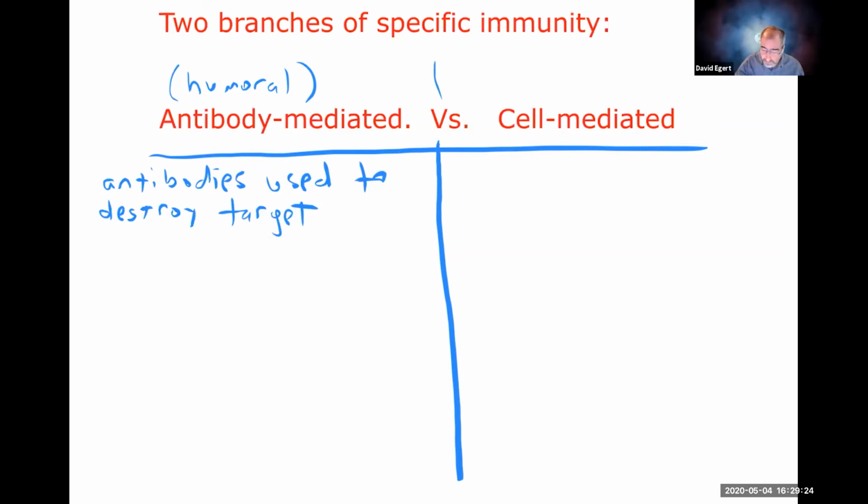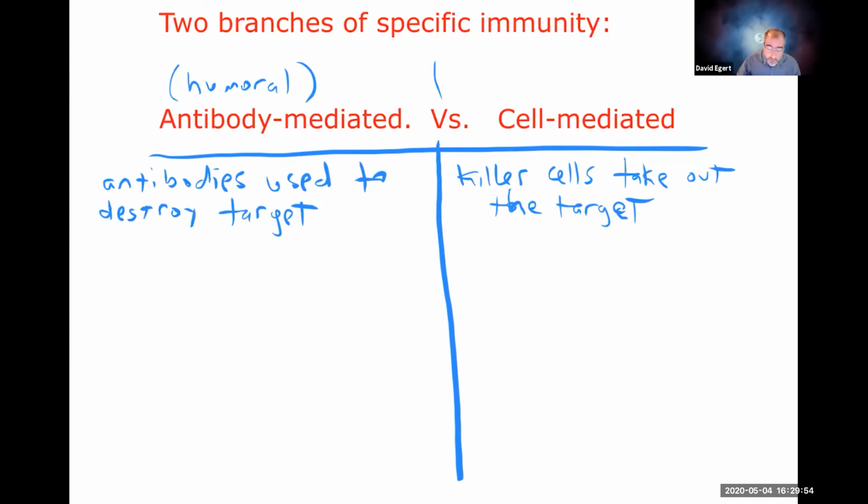And cell mediated, you basically have killer cells take out the target. So these are going to be these killer T cells that are doing the same kind of deal that the natural killers were doing, inserting the perforins into the target cell and taking them out.